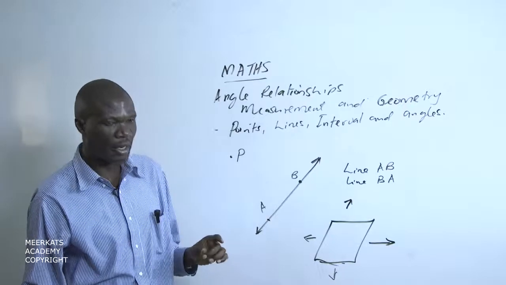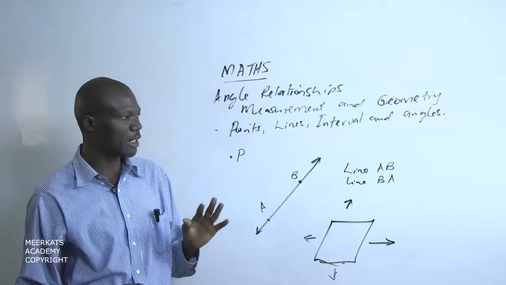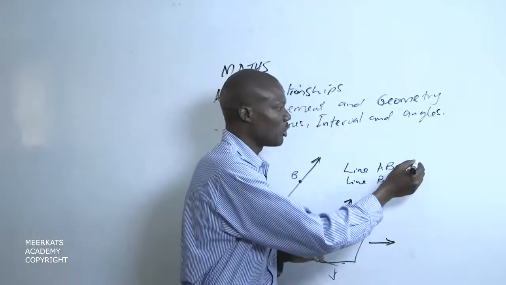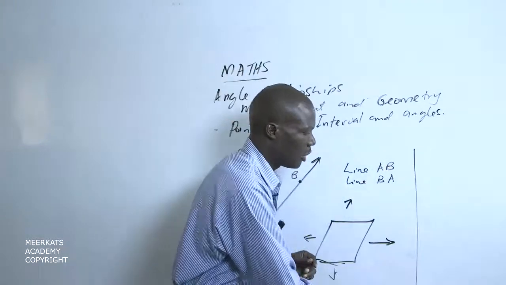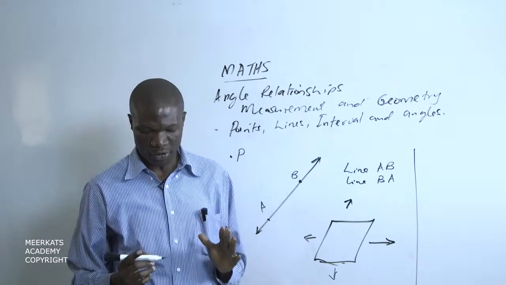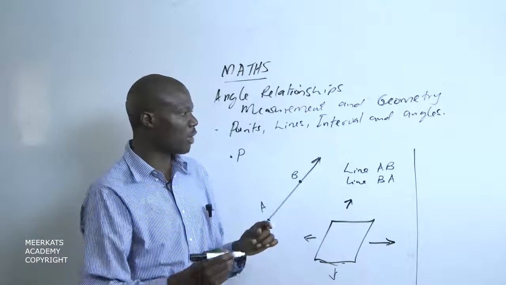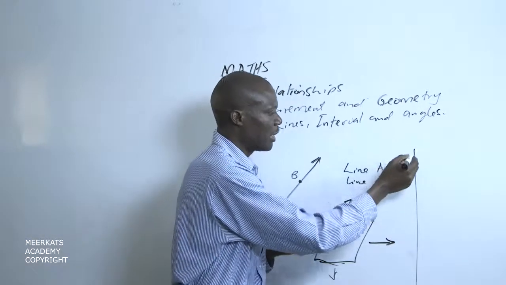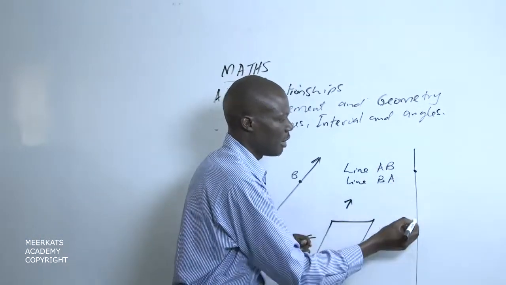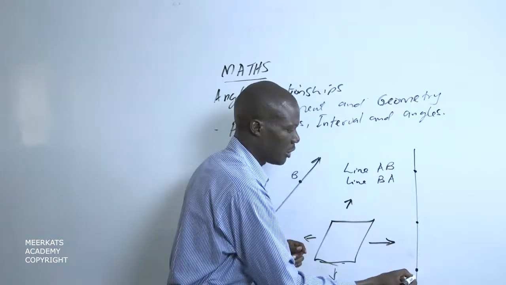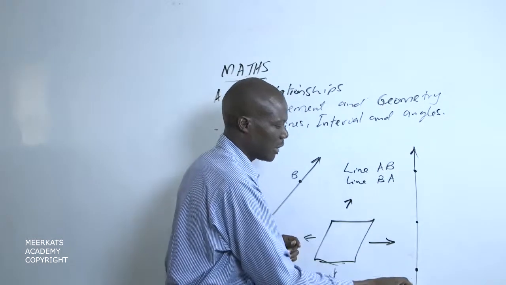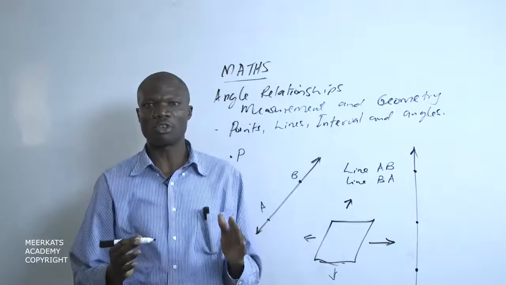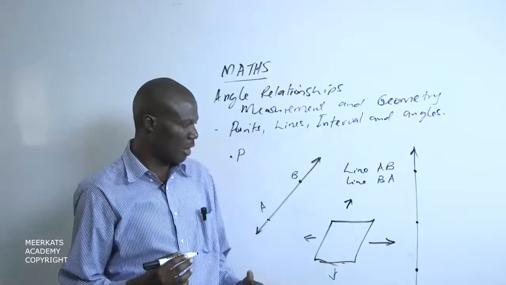The next piece that we have is what we call collinear points. For collinear points, we have a line, and I'll take for example 3 points. This line is extending upwards, it's also extending downwards.